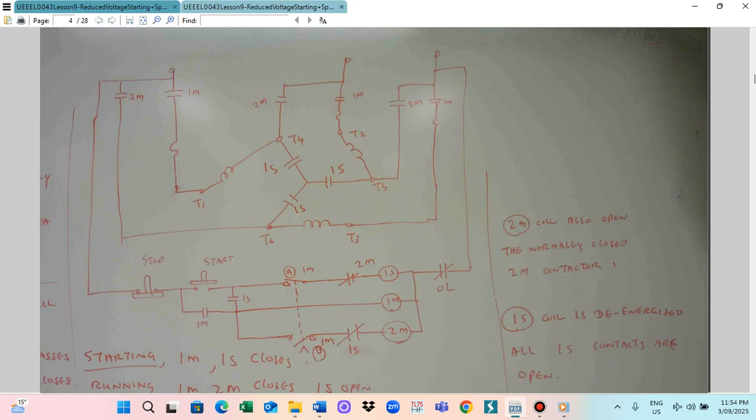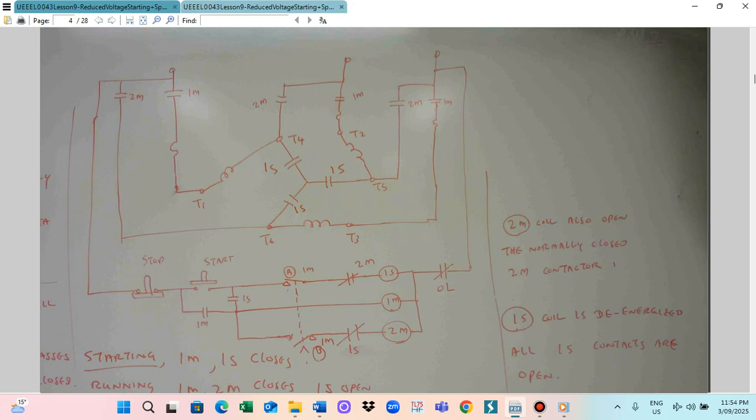So at starting time, the 1M contactor and also the 1S contactor need to be closed.